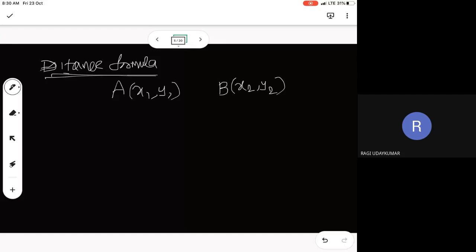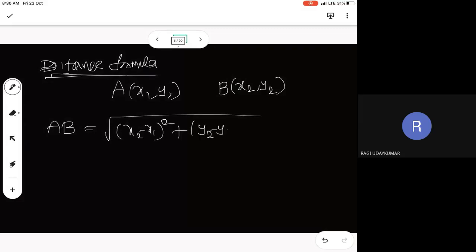The distance between the 2 points AB, without writing anything above it, because the distance is between both, so AB is equal to the square root of (x2 minus x1) whole square plus (y2 minus y1) whole square. This is the formula to find the distance between the 2 points.